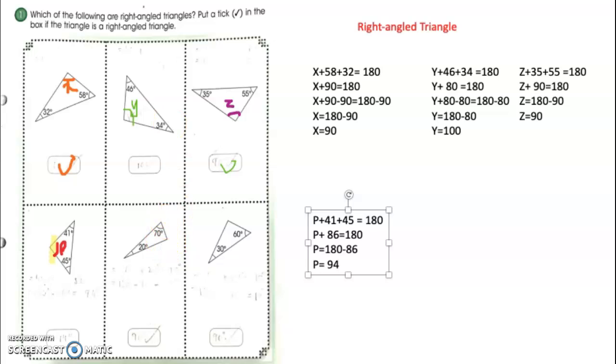Now this one, let's mark this as Q. Okay, now see, let's use the fact that Q plus 70 plus 20 is equal to 180.